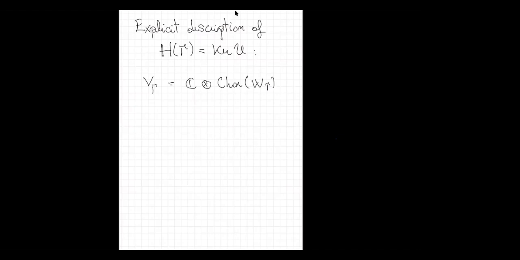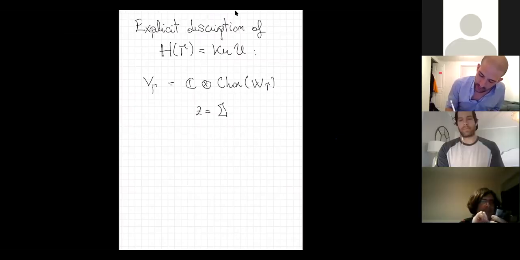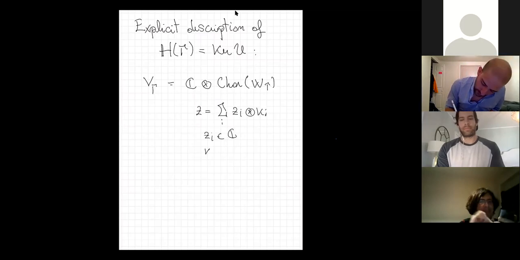The elements in here I'm going to write as formal linear combinations with complex coefficients, and the K_i are going to be characteristic.